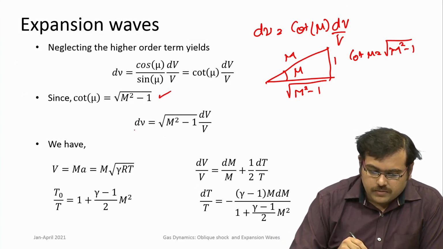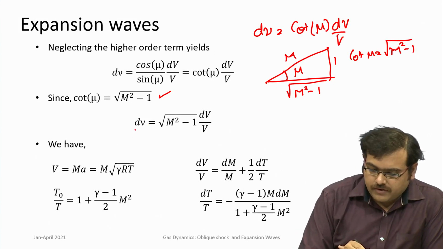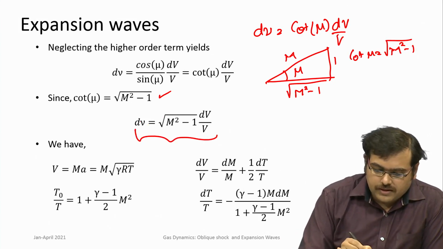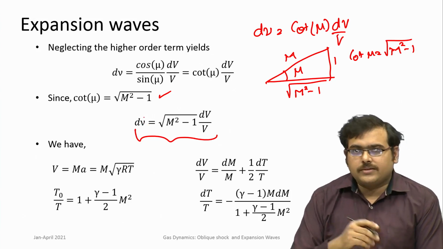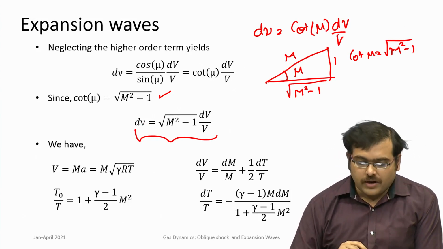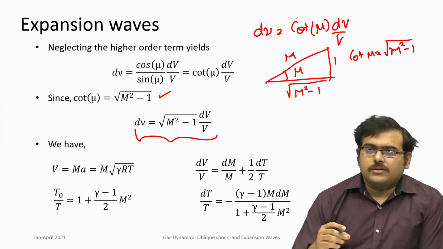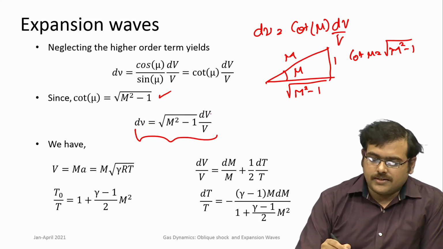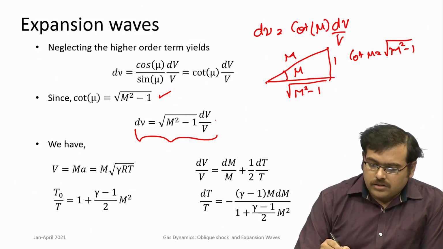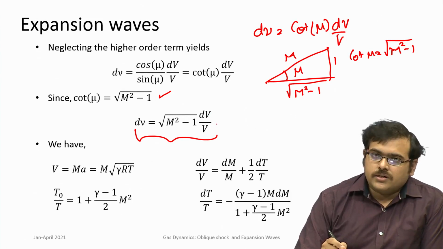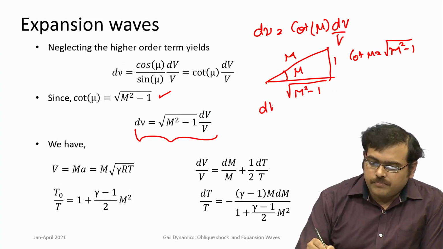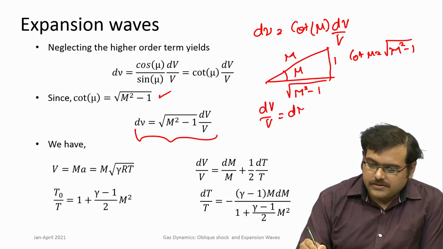So now this particular expression relates d nu, where nu is the Prandtl-Meyer function, to the change in velocity dv by v. Now the idea is, can we express dv by v in terms of Mach number dm? Can this be done?